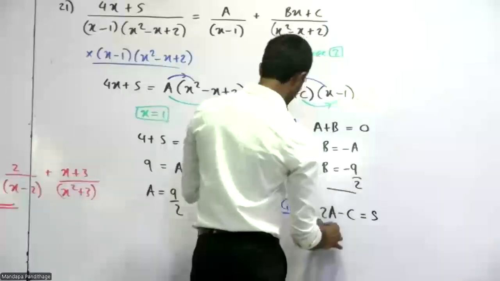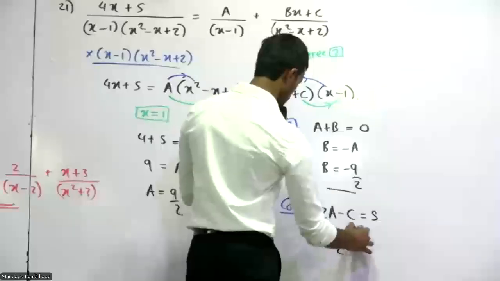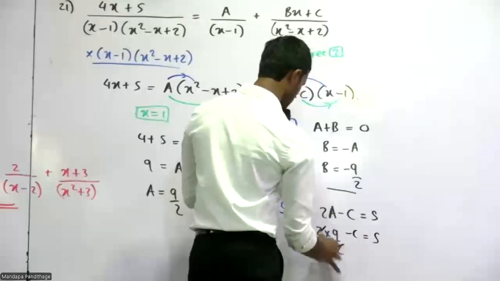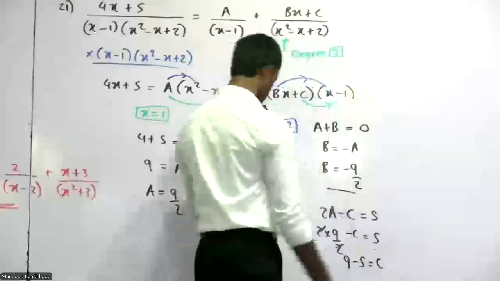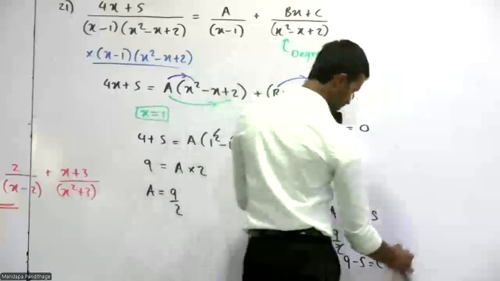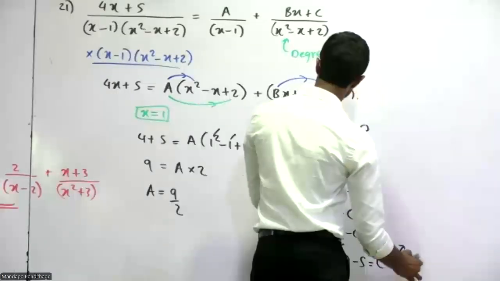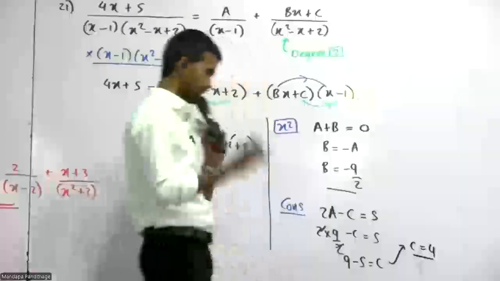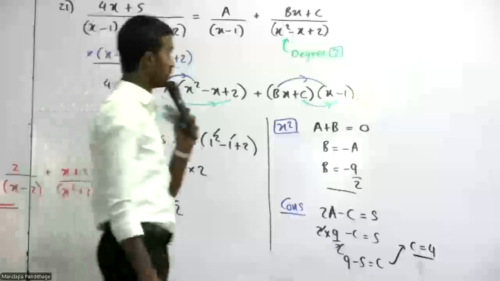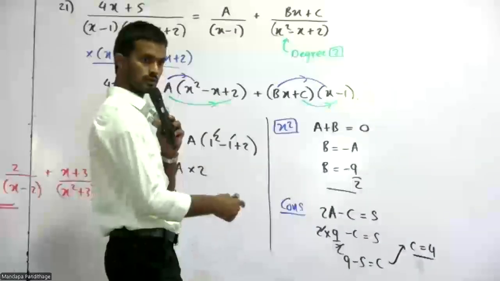It's 5. 2A is 9, minus C equals 5, so I'm getting a proper value that C is equal to 4. Correct, you got these values.